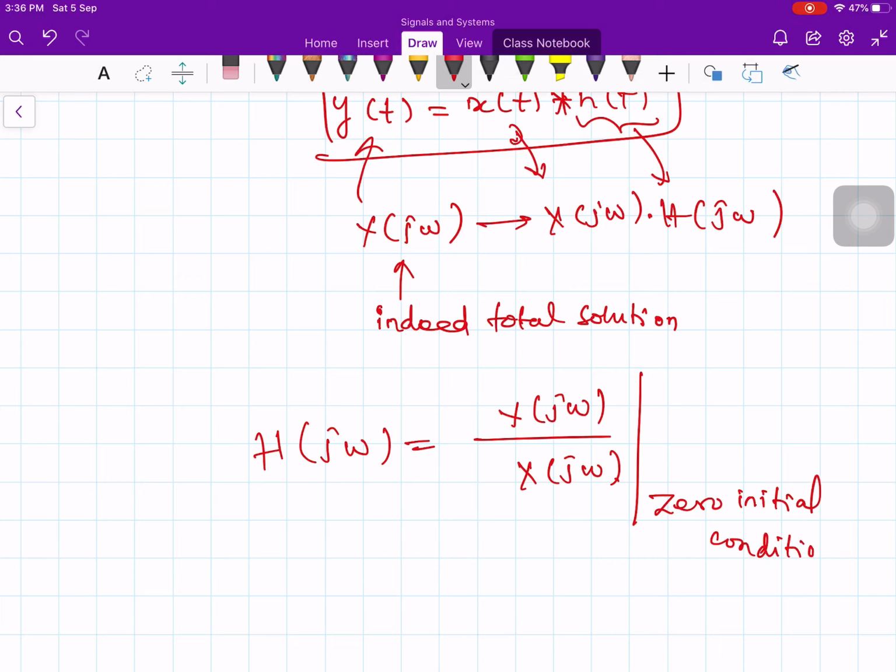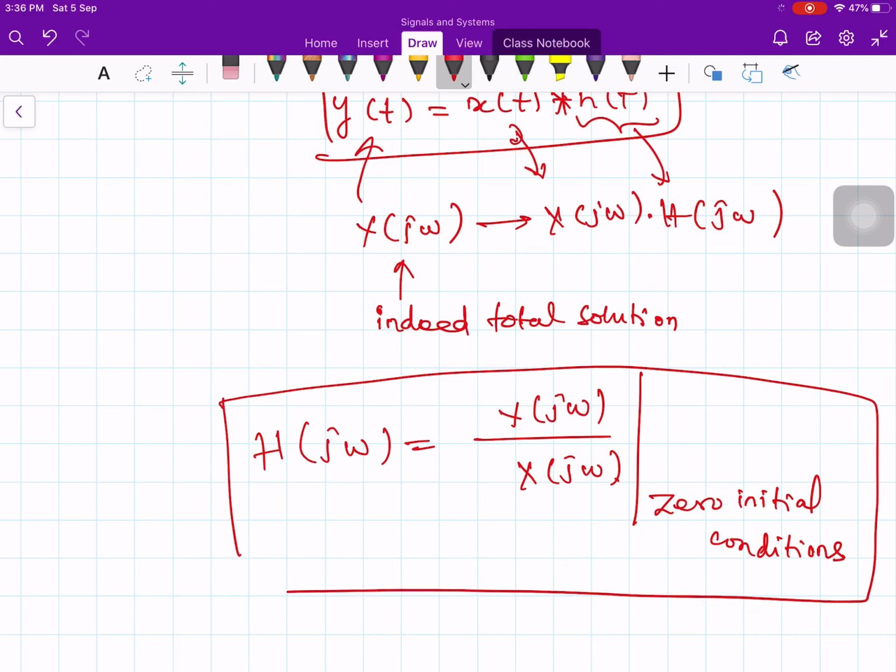Zero initial conditions means there is no charge stored in the capacitor or no current flowing through the inductor. So, this is another way in which we can find out the response of an LTI system, or H of j omega for a given excitation or given input.